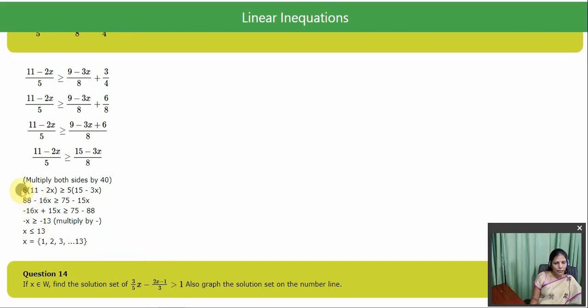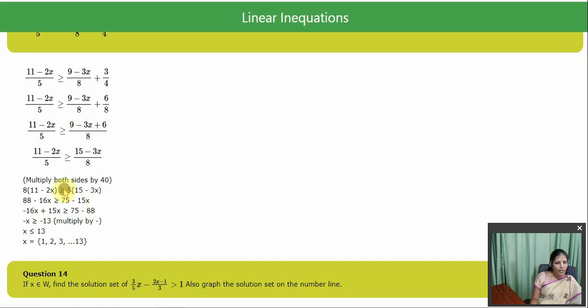Now multiply this 8 with 11 and minus 2x. So you get 88 - 16x ≥. Now remove the bracket: multiplying this 5 with 15 and this 5 with minus 3x. So 75 - 15x. Now you have removed the bracket on both sides.